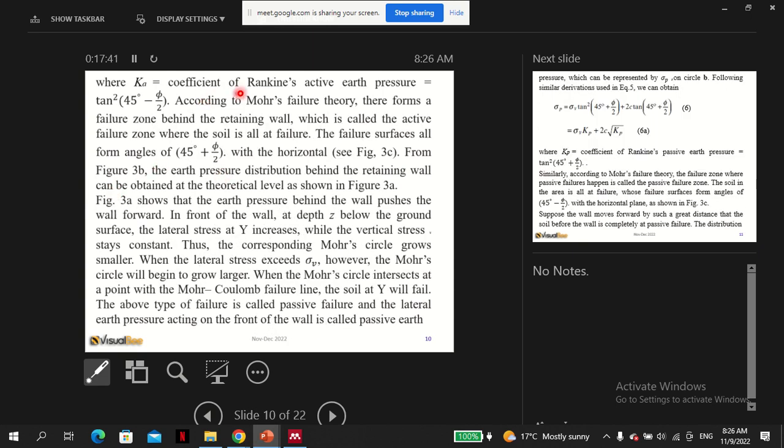So Ka is the coefficient of Rankine active pressure, which is tan squared of 45 minus phi over 2. According to the Mohr-Coulomb failure theory, there forms a failure zone behind the retaining wall, which is the active zone, where the soil is all at failure. The failure surfaces form angles of 45 plus phi over 2 with the horizontal. See figure 3c.